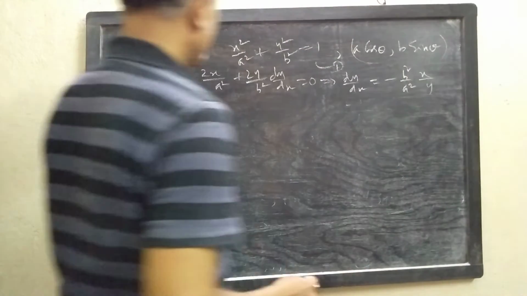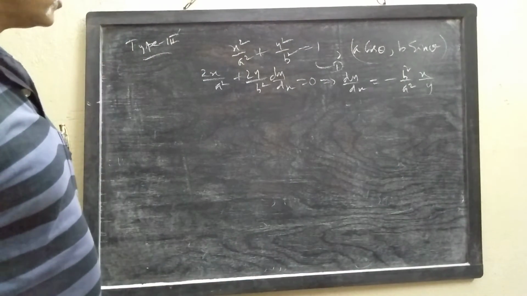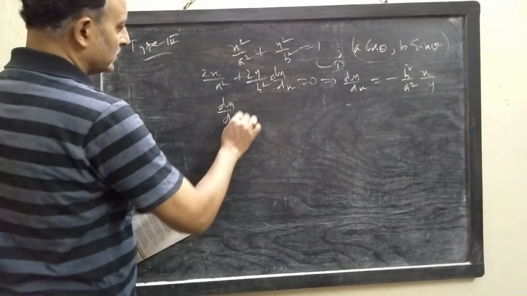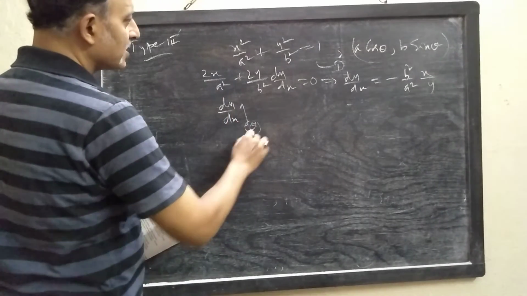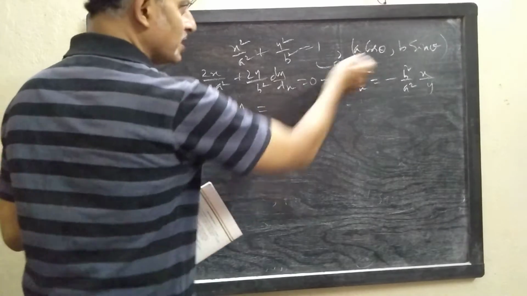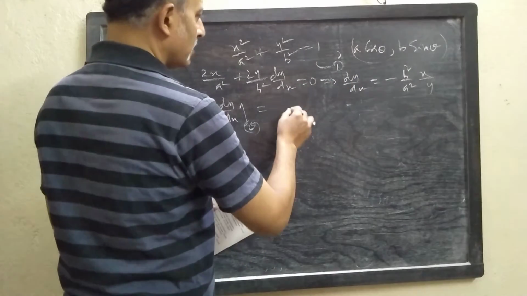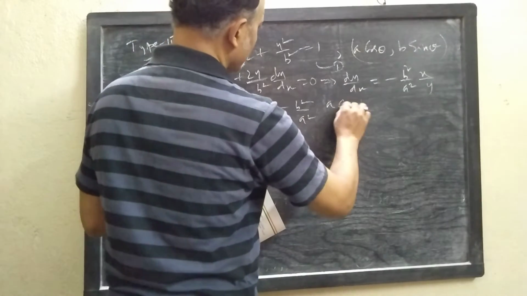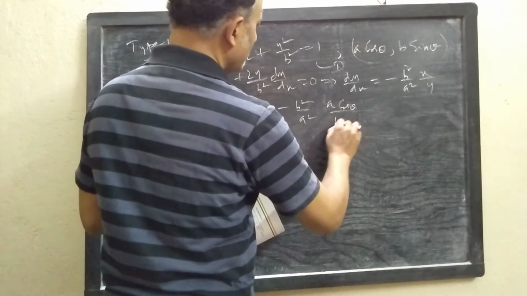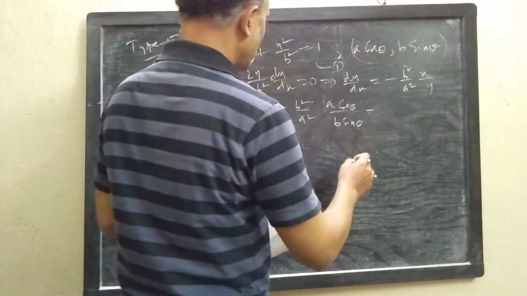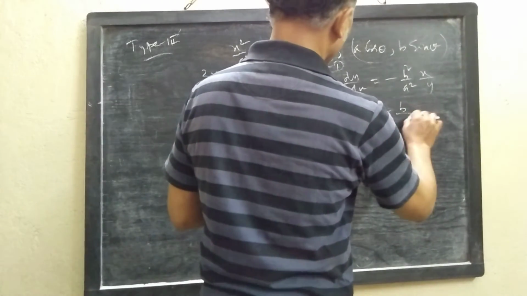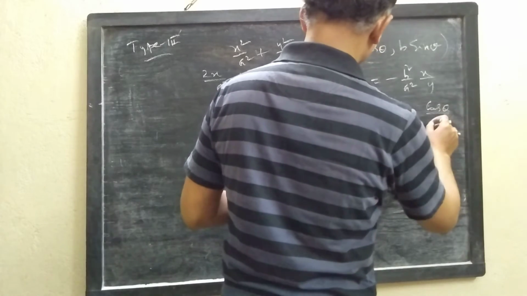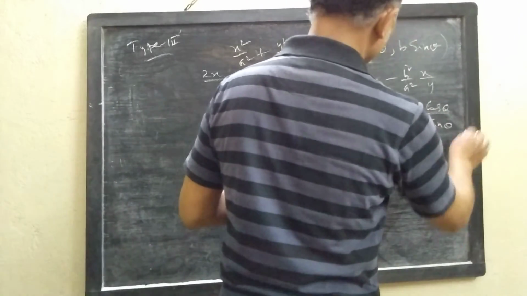Now dy/dx at any point theta: minus b square by a square, x is a cos theta, y is b sin theta. So this will ultimately become minus b by a cot theta.